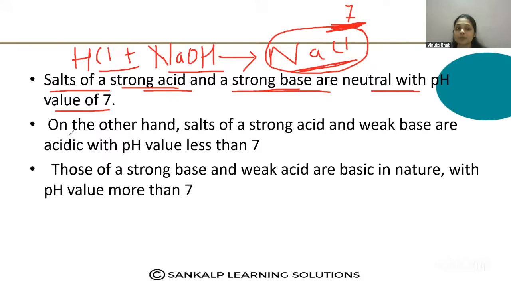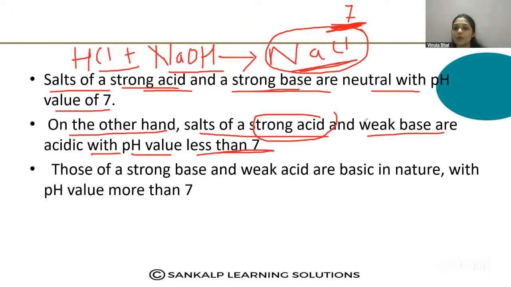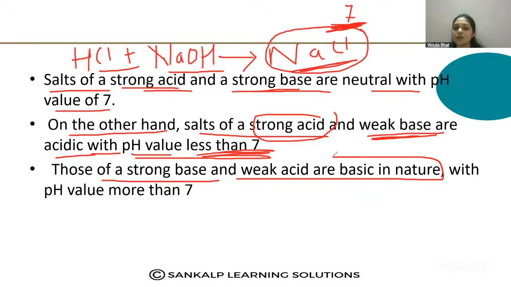Then on the other hand, salts of strong acid and weak base are acidic with pH value less than 7. Those of strong base and weak acid are basic in nature.